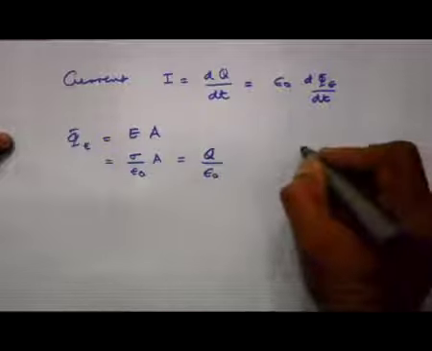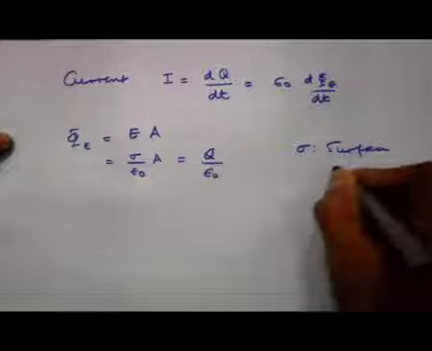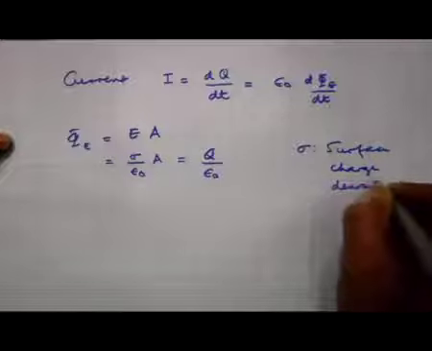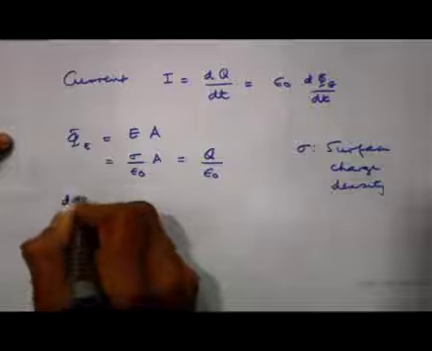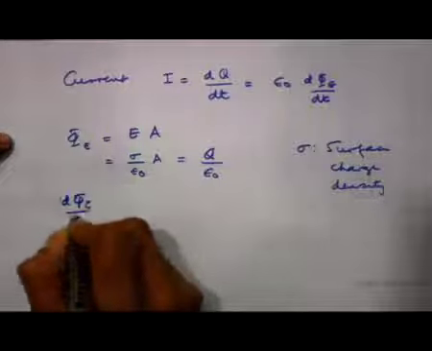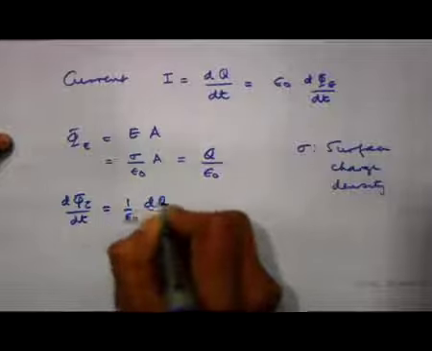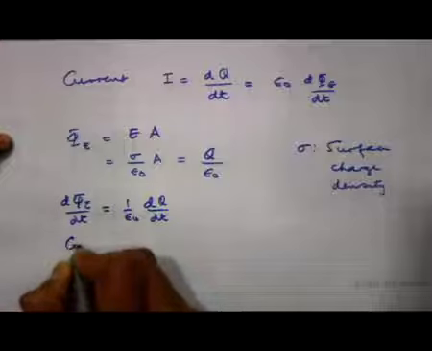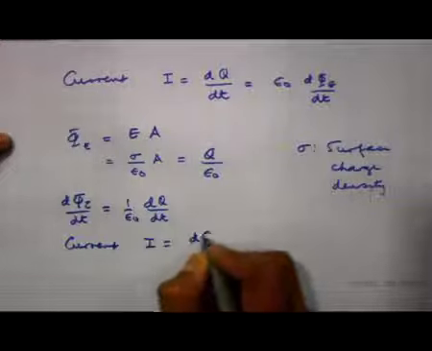Sigma is the surface charge density, and sigma times A is q. So, d phi E by dt is equal to 1 by epsilon 0 dq by dt, and the current flowing through the wire is dq by dt.